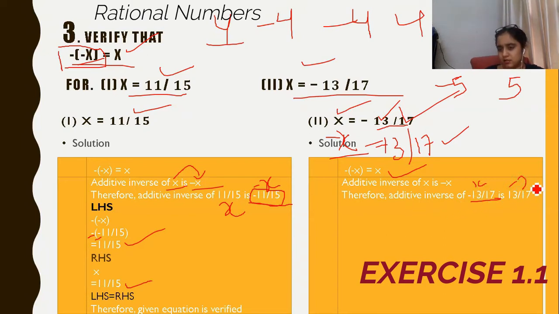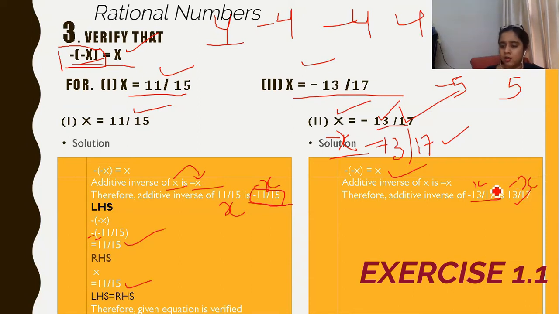How have I solved this? I have just opposed the sign of that number. It's minus 13 upon 17, and if I want to find the additive inverse of minus 13 upon 17, I will just oppose the sign of that number, and this is plus 13 upon 17.